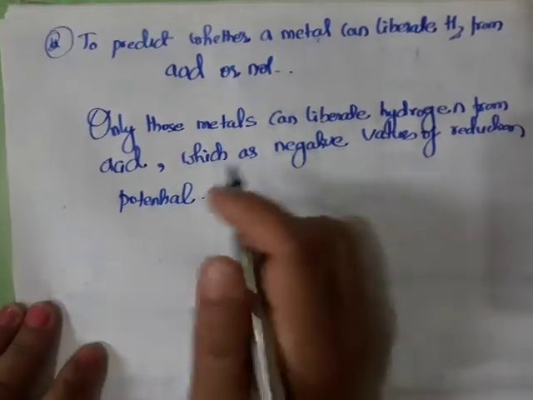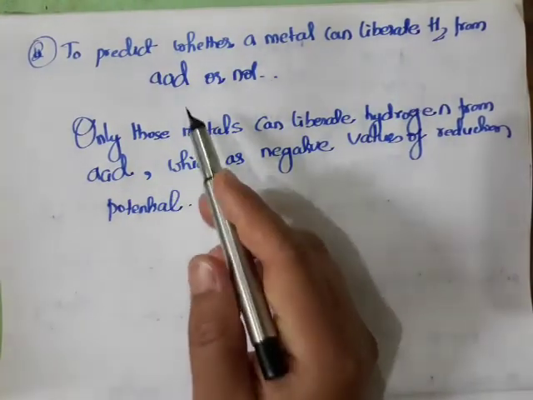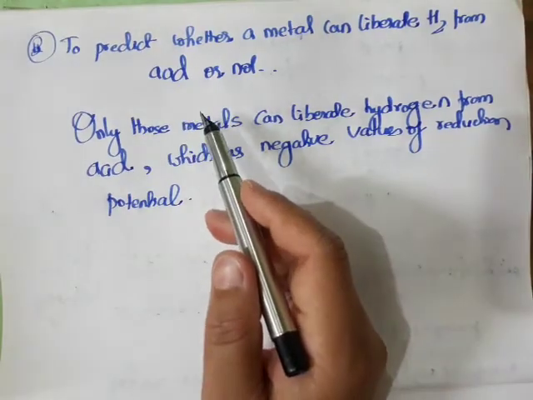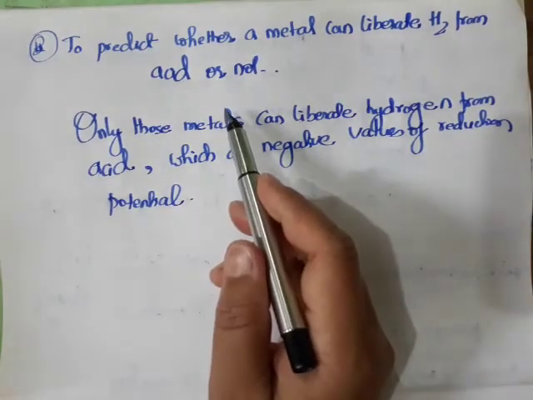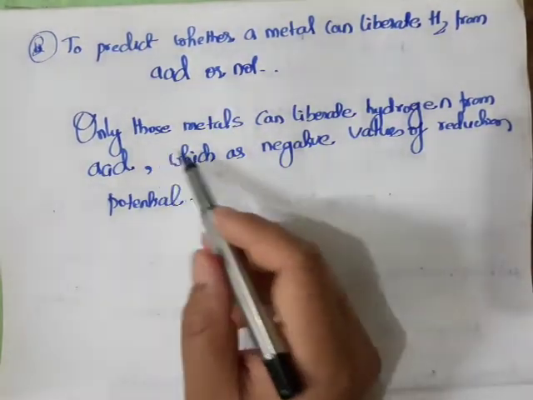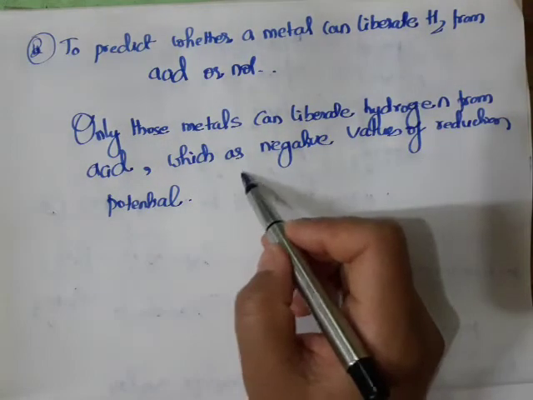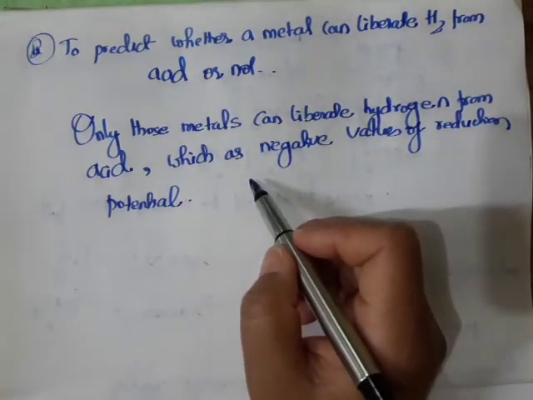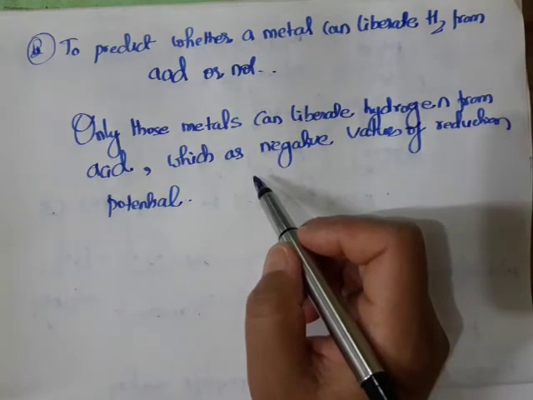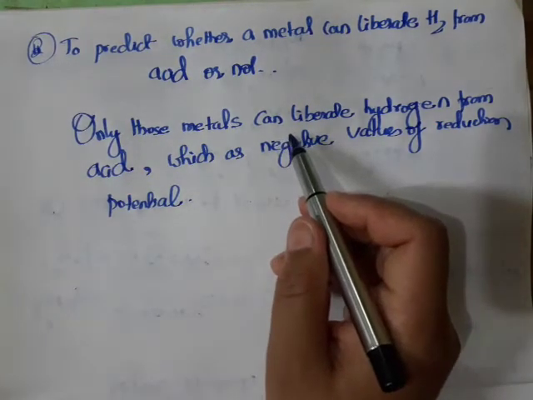Third, from that series we can also predict whether a metal can liberate hydrogen from acid or not. Only those metals can liberate hydrogen from acid which have a negative value of reduction potential, or less electrode potential compared to the hydrogen electrode.